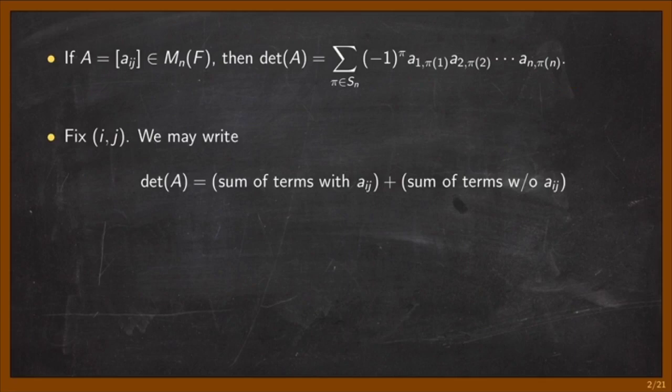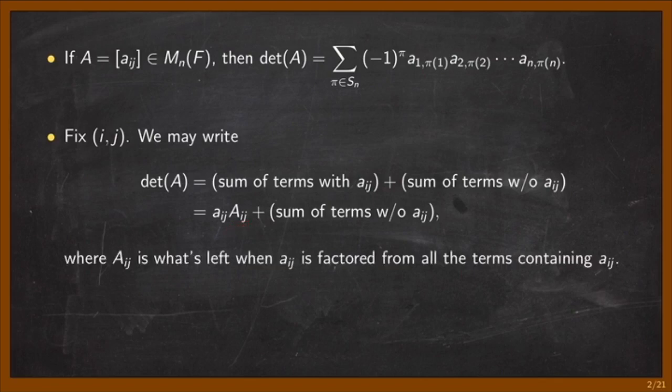Now, because every term in the first sum has aij as a factor, we can factor the number aij out and have another expression over here, which we denote by capital Aij, where, again, Aij is what's left when we factor aij out from among all the terms that contain aij.